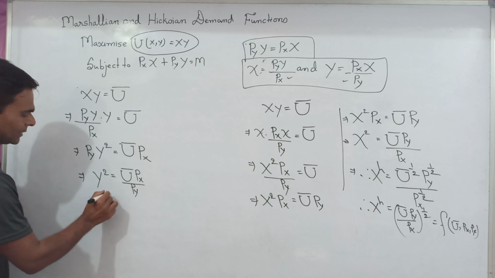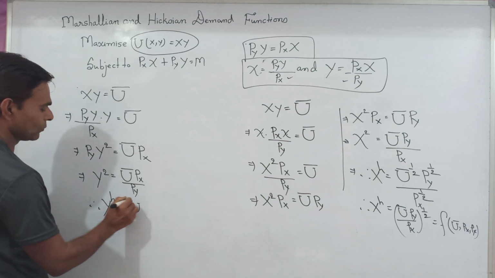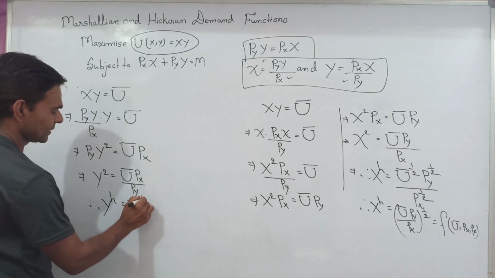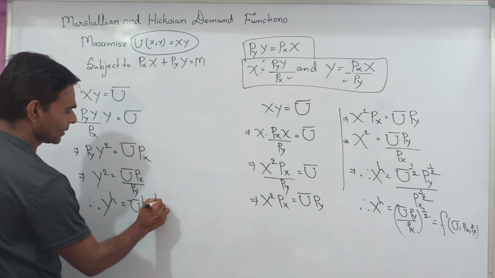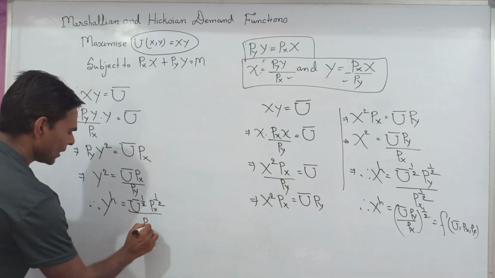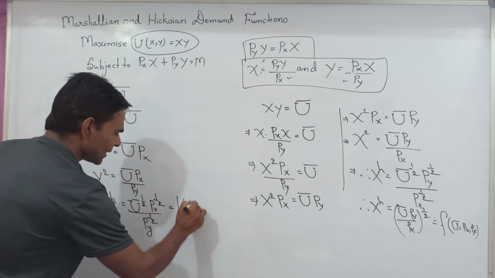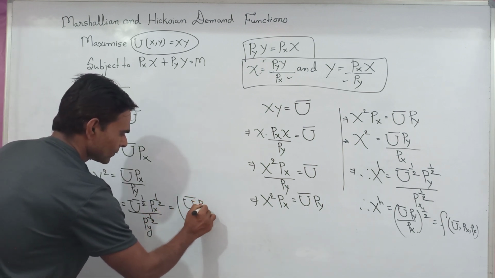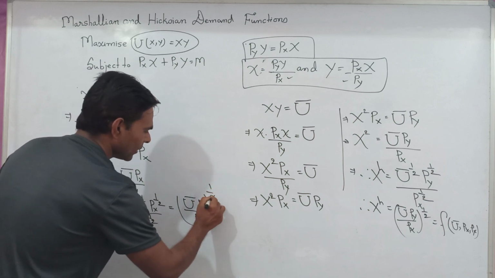Therefore, the Hicksian demand function for commodity y equals fixed level of utility to the power half, price of x to the power half, price of y to the power half. It can be written as fixed level of utility, price of x by price of y, whole power 1 by 2.